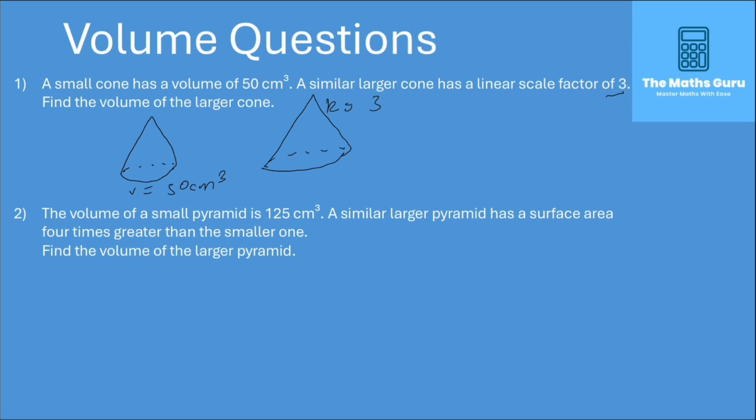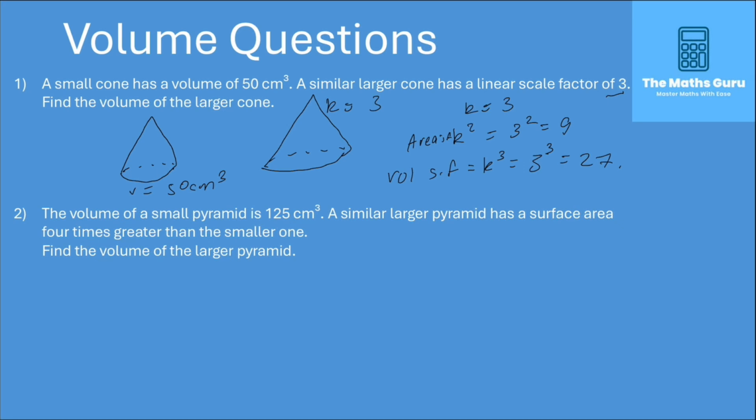So we have our k equal to 3, our k squared, which is our area scale factor, is equal to 3 squared, which is equal to 9. Our volume scale factor is equal to k cubed, which is equal to 3 cubed, which is equal to 27. Therefore, our scale factor for the volume is timesing by 27.